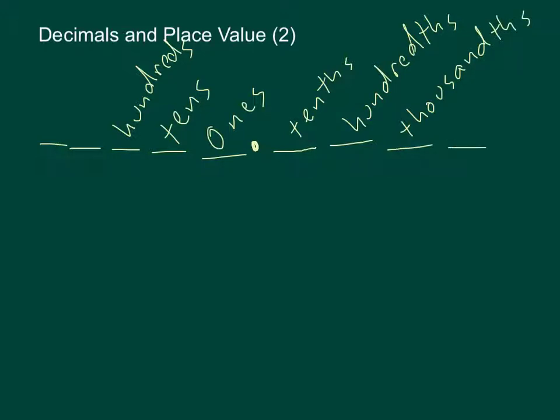And then you have the 10,000ths and 100,000ths and then the millionths. And it keeps on going. So it's very similar to the ones, tens, hundreds, but instead we have tenths, hundredths, thousandths. And remember, the first digit is the tenths. It's not a "once", it's a tenths.